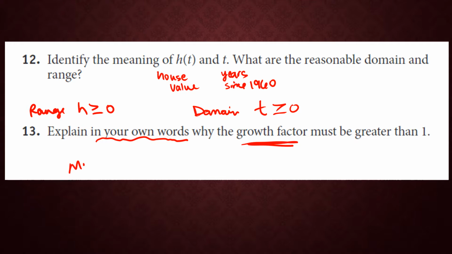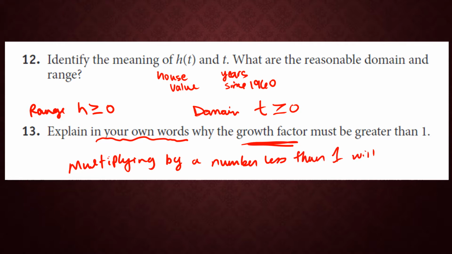So multiplying by a number less than 1 will make values shrink.